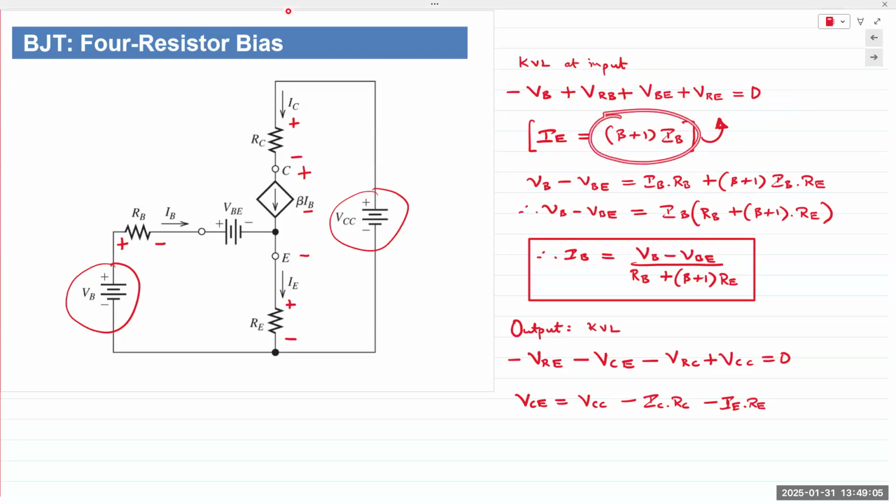This is what you obtain. Beta IB plus IB. So if you plug that in to this emitter resistor voltage, you obtain this expression, and we want to rearrange the terms to find an expression for the input current IB.